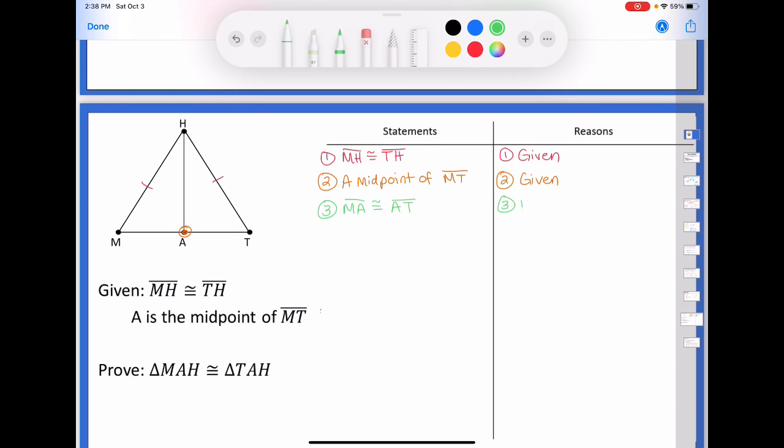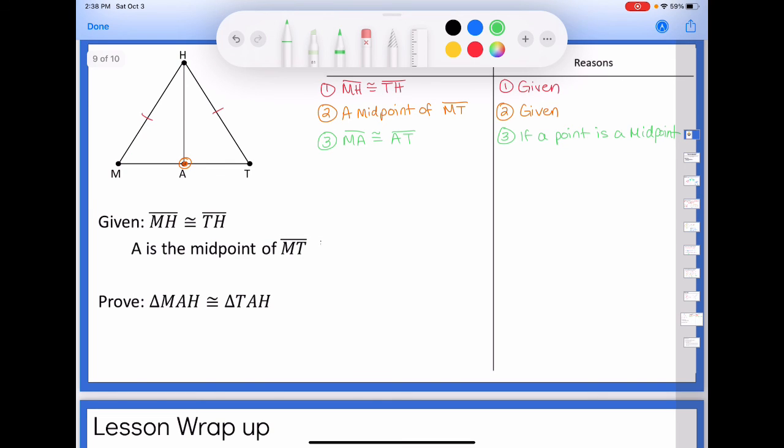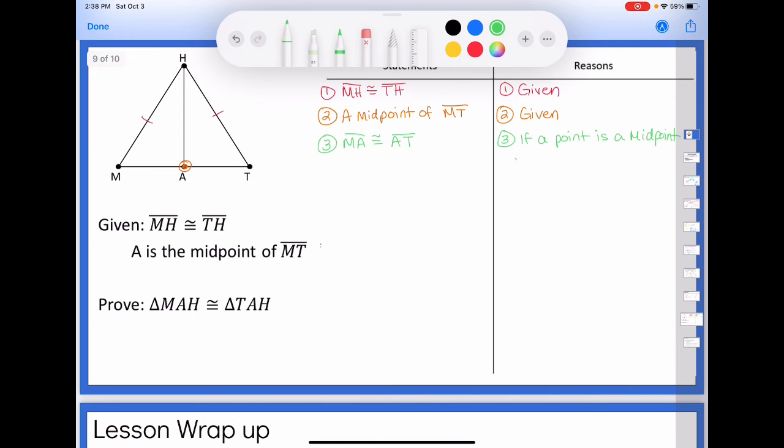And the reason is if a point is a midpoint, then it splits the segment into two congruent parts. So MA is congruent to AT, and it is so very important that you mark your picture on these.